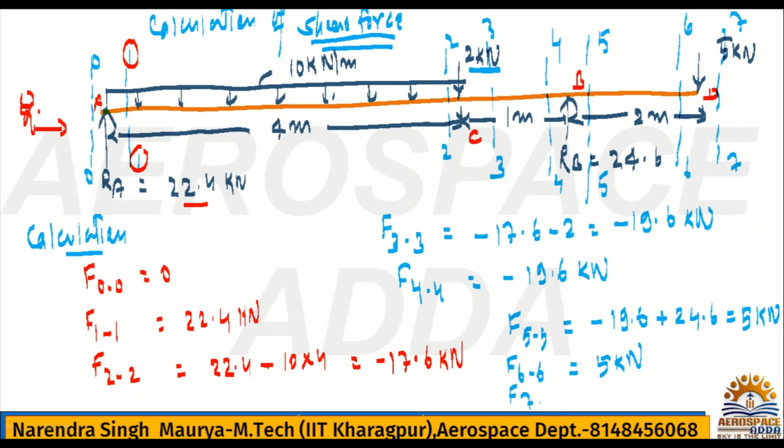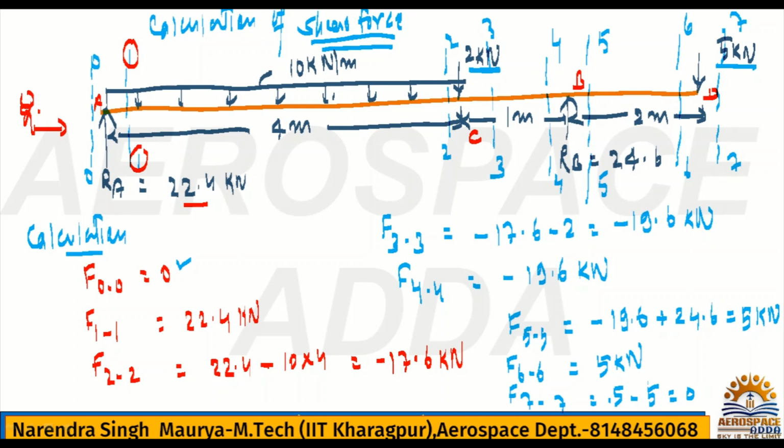Now reach F77. Till 6 it was 5 kilonewton, and once you jump to 77, between them we have one force, that is 5 kilonewton, and this 5 kilonewton is acting downward, so it will be negative. So it becomes 0. See, this value and this value must be the same.